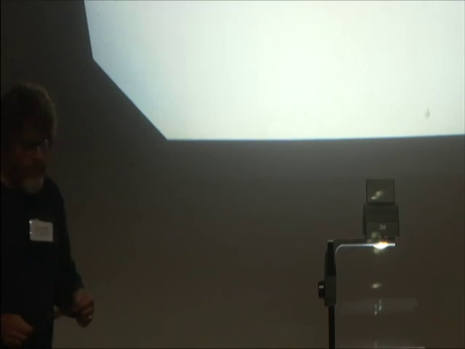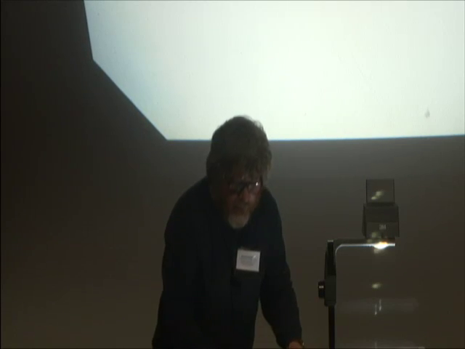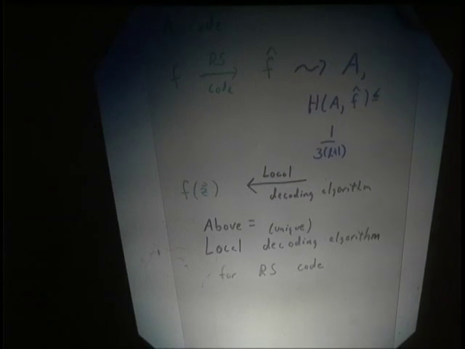Let me see. So what are we really doing here? Really, it's the same situation we had before. I said Reed-Solomon code, but I guess it really is a Reed-Muller code, because Reed-Solomon would be higher degree interpolation.